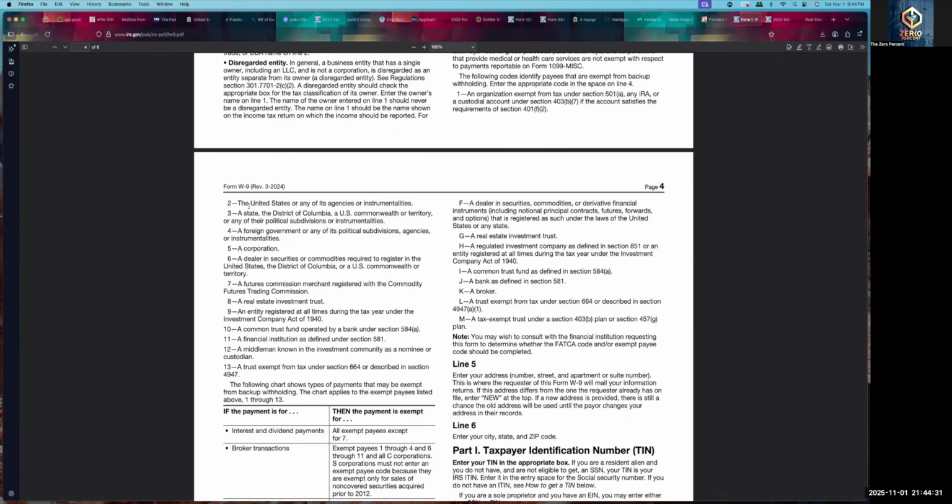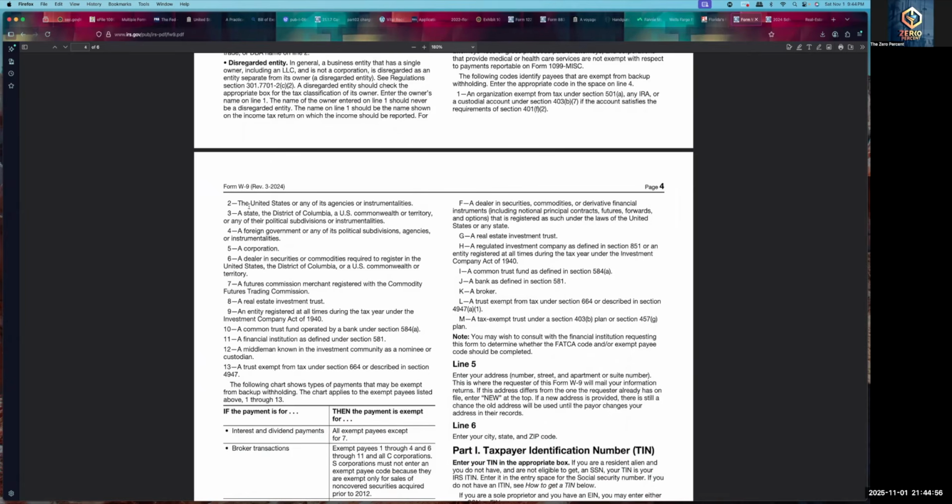Number 4, a foreign government or any of its political subdivisions, agencies, or instrumentalities. Number 5, a corporation. Number 6, a dealer in securities or commodities required to register in the United States, the District of Columbia, or a U.S. Commonwealth or territory.